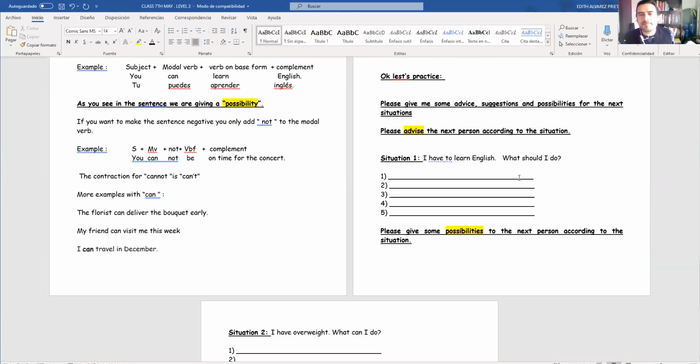Let's practice. ¿Ok? Please give me some advice. Aconsejeme. Give me some suggestions, son sugerencias, and some possibilities for the next situation, para la siguiente situación. ¿Ok? Primero, please advise the next person according to the situation. Ahora aconseja a la siguiente persona de acuerdo a su situación, ¿ok? ¿Cuál es la situación?